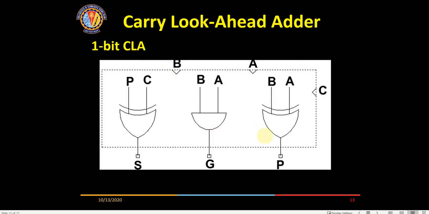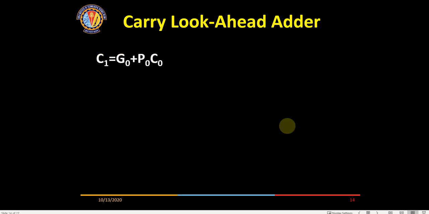For a carry look ahead adder, a carry will be generated, propagation will be generated, and the generate will be. So these are the circuits which we use in a carry look ahead adder block.